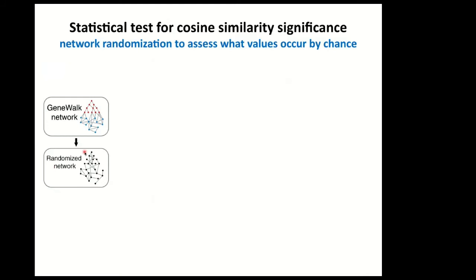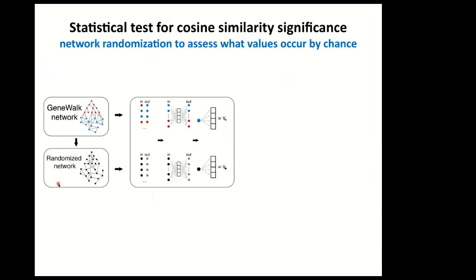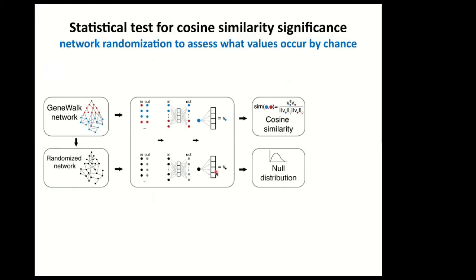We randomize this network whilst keeping the node degree distribution the same, and then we can again apply the GeneWalk algorithm to get vector representations, but now not only for the GeneWalk network but also for the randomized network. And using these randomized vector representations, we can generate a null distribution of cosine similarities between the random nodes, which basically provides a null distribution for the real connectivity.